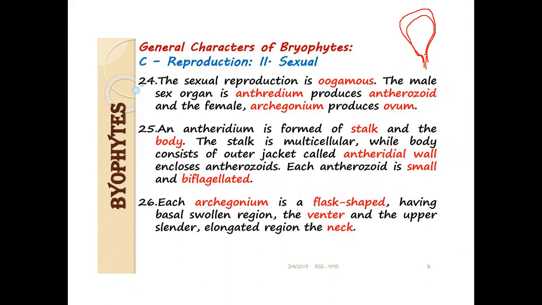It has a basal stalk. This is the stalk region by which it is attached to the thallus, and this is called the globose head. It has a wall, called the antheridial wall, or we also call it the jacket layer.